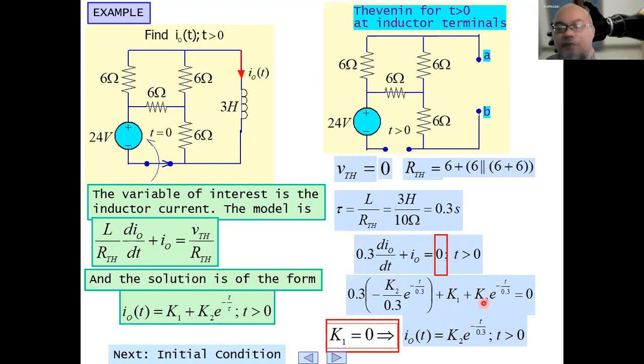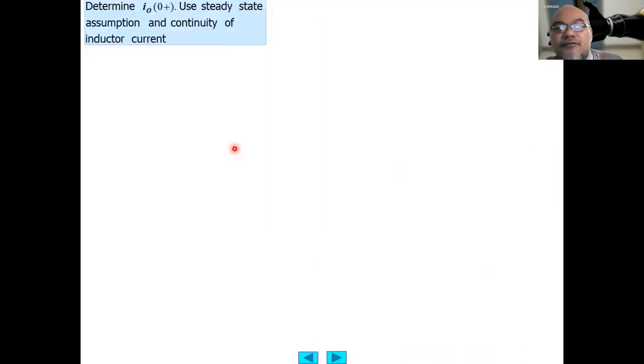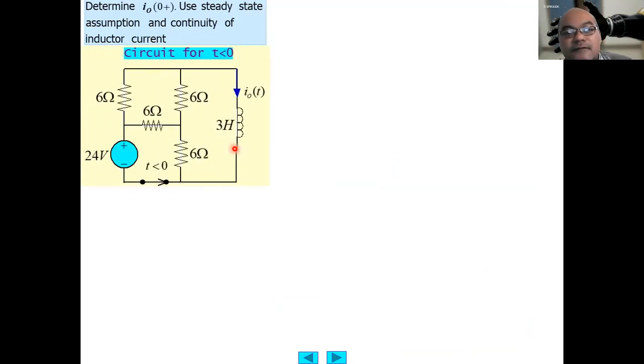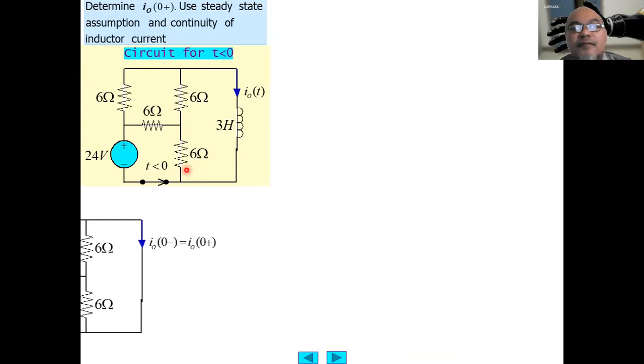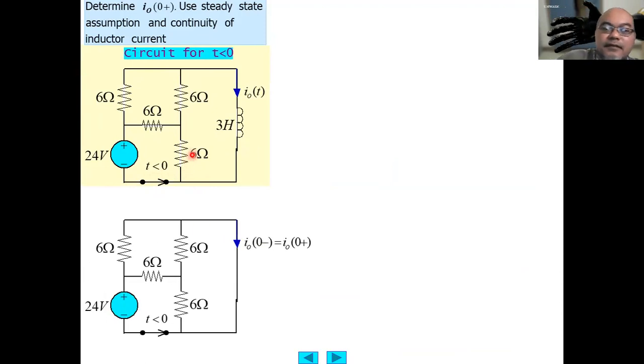So we are left with the last step, which is to find the initial condition of IO(t). Here we have to determine the current before the switch is turned off. So when the current is still flowing here, the IO from the left equals IO from the right.